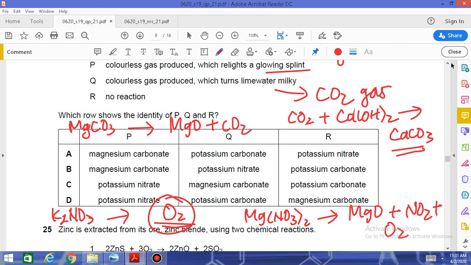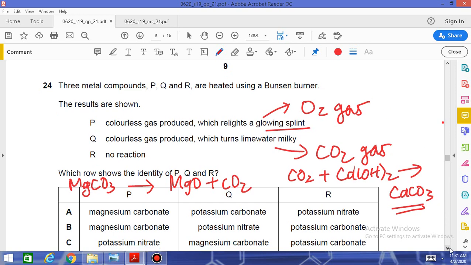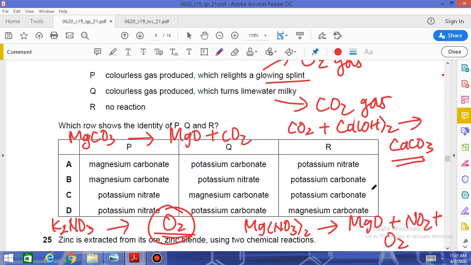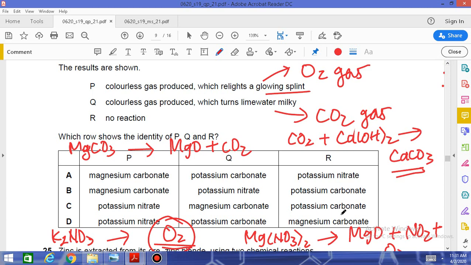Potassium carbonate cannot be decomposed by a Bunsen burner because it is very stable on heating and has a very high melting point. So if we only use a Bunsen burner to heat potassium carbonate, it will not decompose. Okay, so the answer is C.